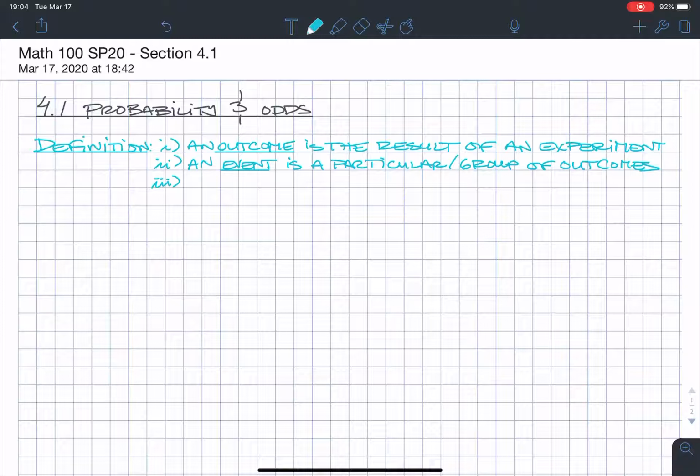The third definition will be a simple event. A simple event has a single outcome.